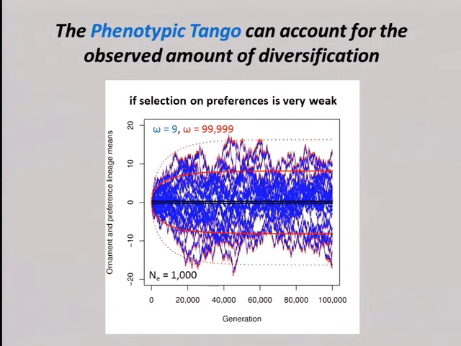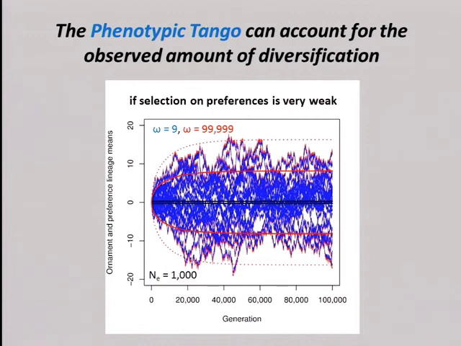That's the amount of differentiation we see in the birds of paradise in about 1.8 million generations. We can produce the amount of differentiation among species and populations in 100,000 generations, and we actually had 1.8 million generations to do it. So there's no question that the model can produce the results.